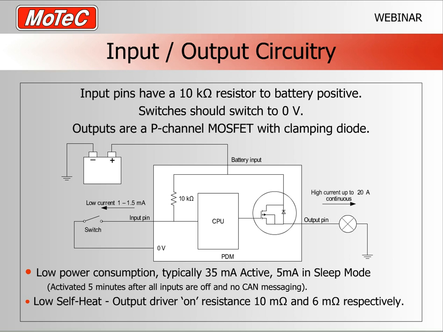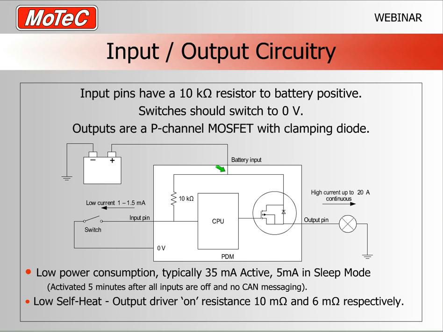Now we'll just quickly have a look at the physical or electrical way these devices work. Effectively, we have a large number of inputs and outputs. Each of the PDMs uses a different number of inputs and outputs, and we'll cover that a little bit later. But what we're looking at is electronic switching, which means that the switch input to the device is the same as you would find in many ECUs, where there's a resistor of about 10k resistance, which goes to the 12 volt of the battery.